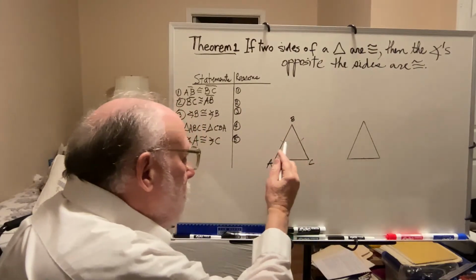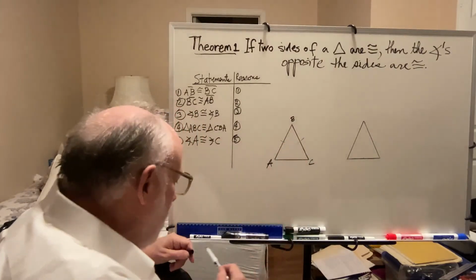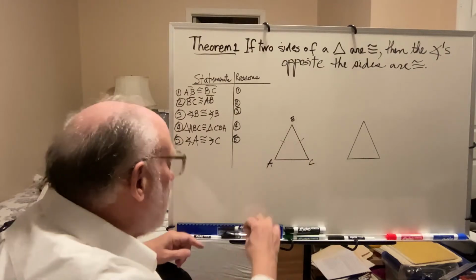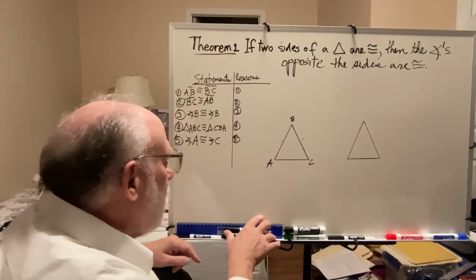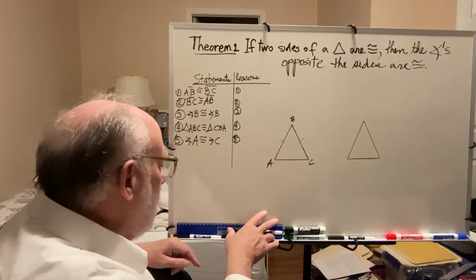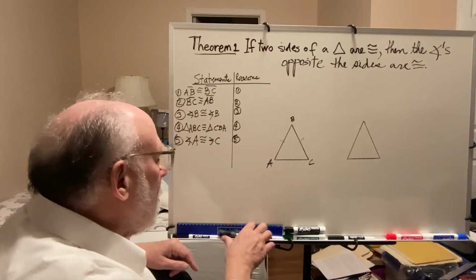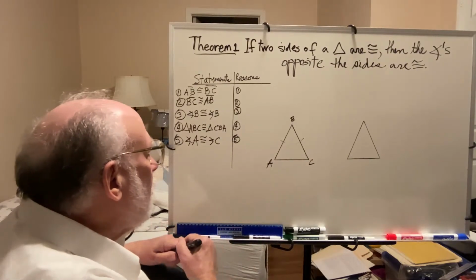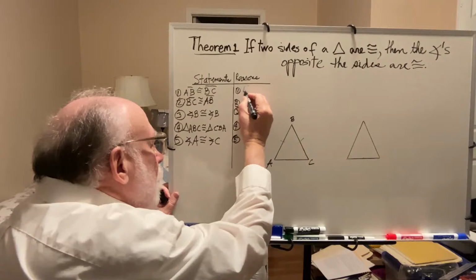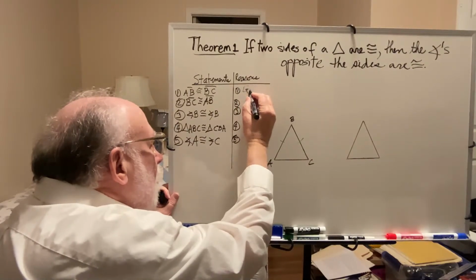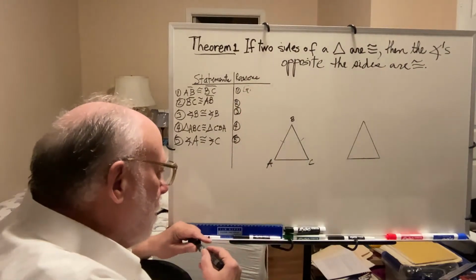So here's your given. You're given that the two sides, AB and BC, are congruent. So that's given. That's going to be given.